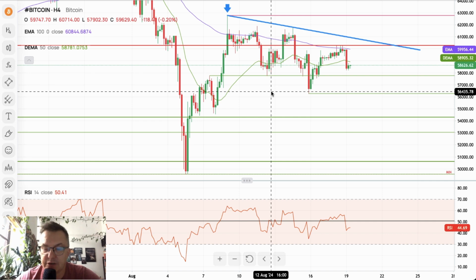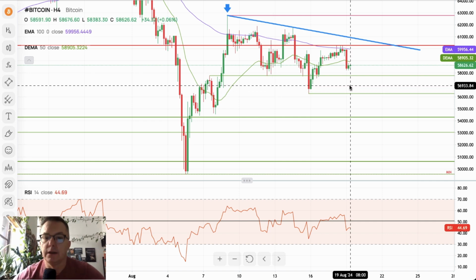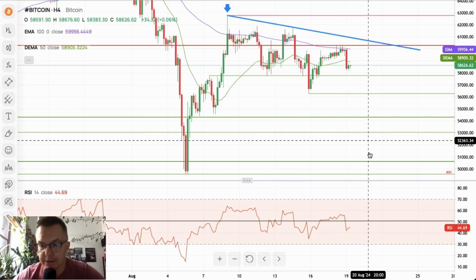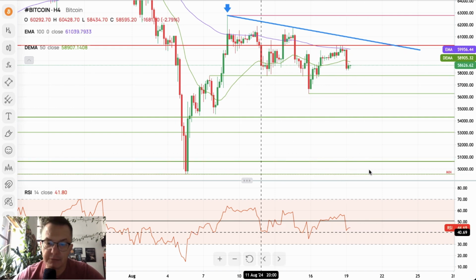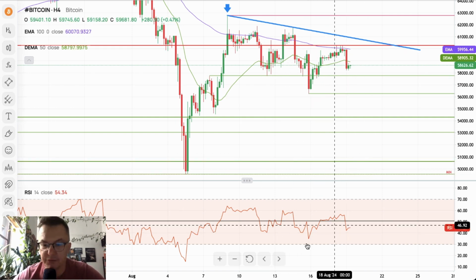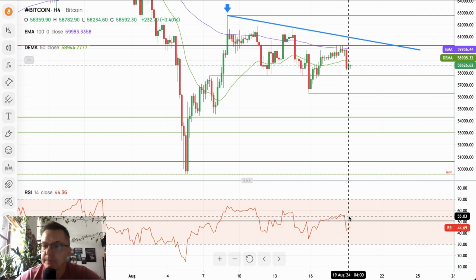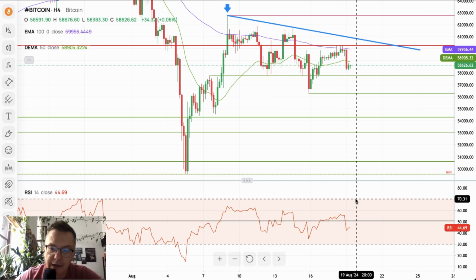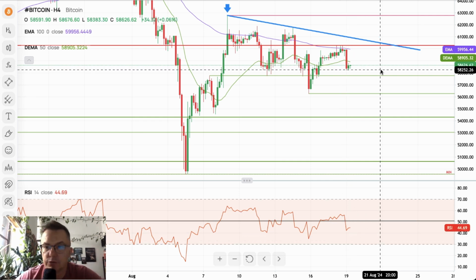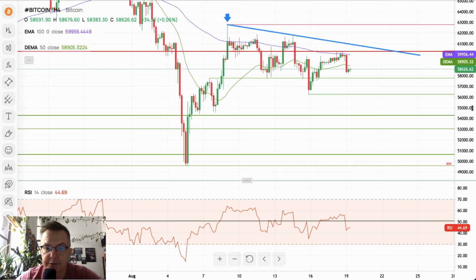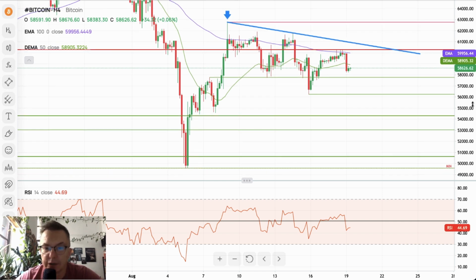That's a very dangerous situation, because sooner or later bulls will just give up, and then we might see a big movement to the downside. Momentum hovers around the level of 50, neither overbought nor oversold. We need to wait for a stronger signal here on the Bitcoin.